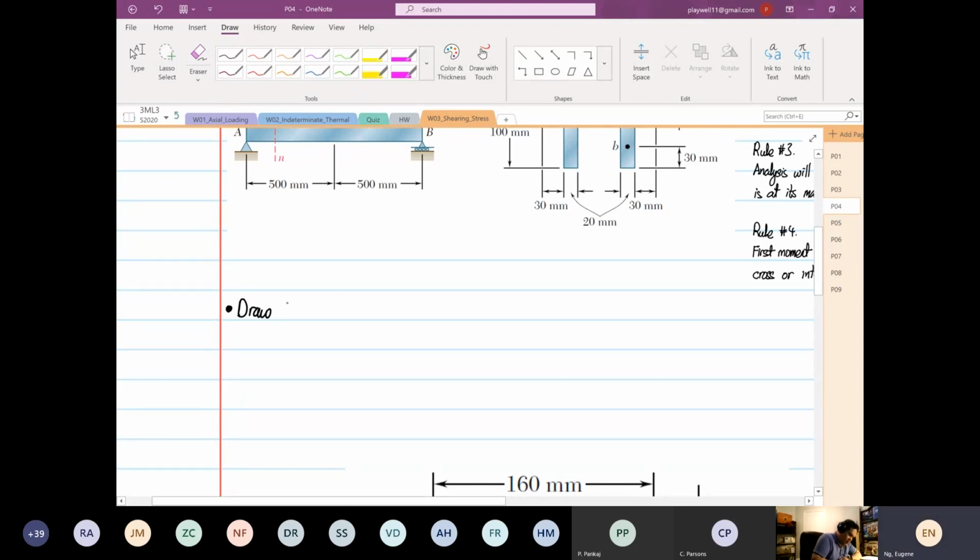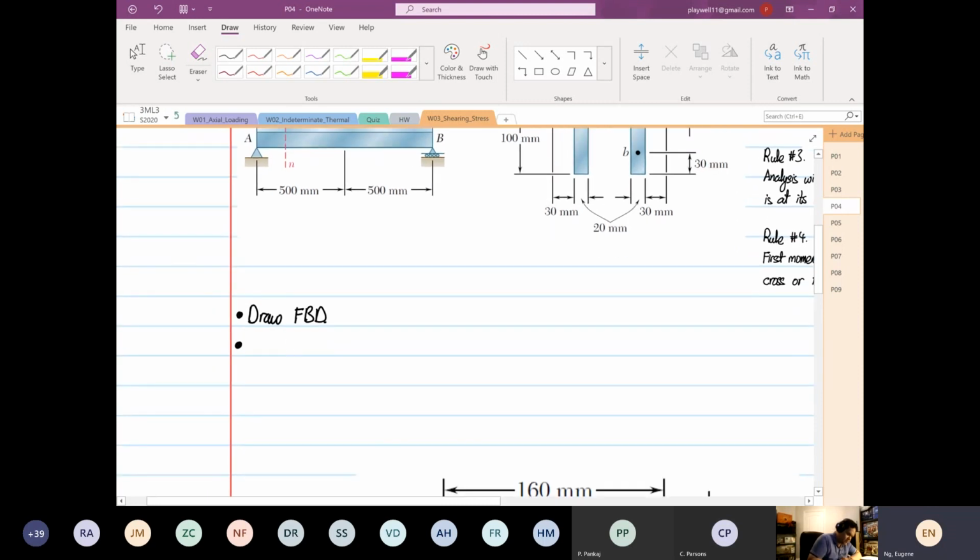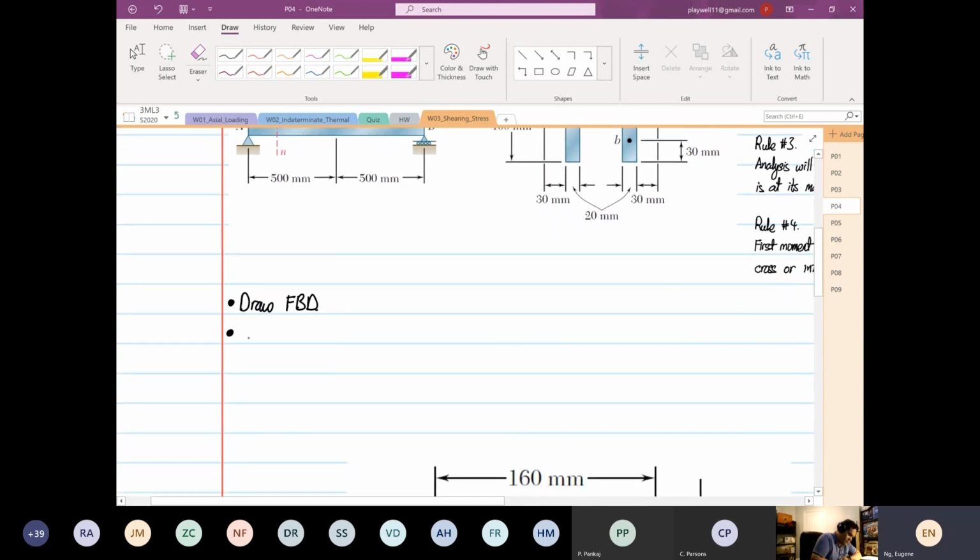Then next, we're going to determine the reactions at A and at point B. Then I'm going to sketch the shear force diagram. So there are a lot of layers down here, okay? That's why I say this is a long example. I'm going to sketch my shear force diagram, and then I'm going to do my bending moment diagram.